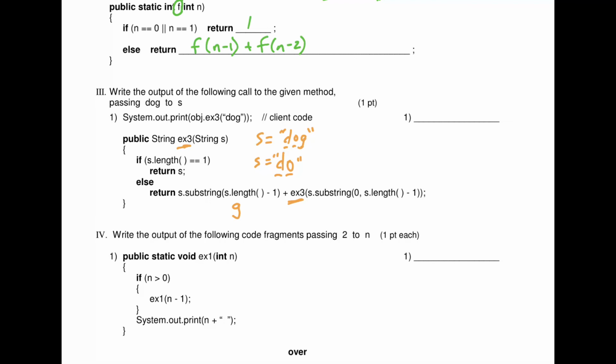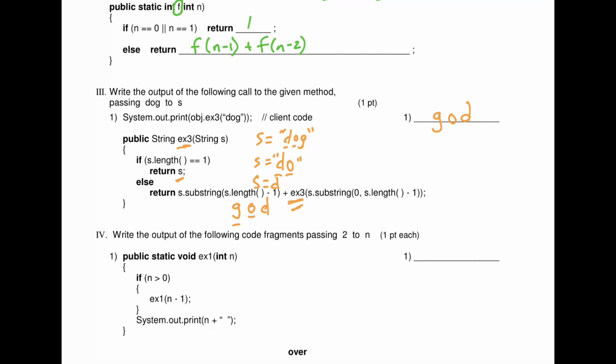And on the second run, we're going to return the last letter, which is o. And then we're going to call the method again, being it's recursive, with s being d. So then we're going to return s, since it just has a length of 1, which then ends this method, and this ends that method, so we'll have the word dog backwards. Also the word God.